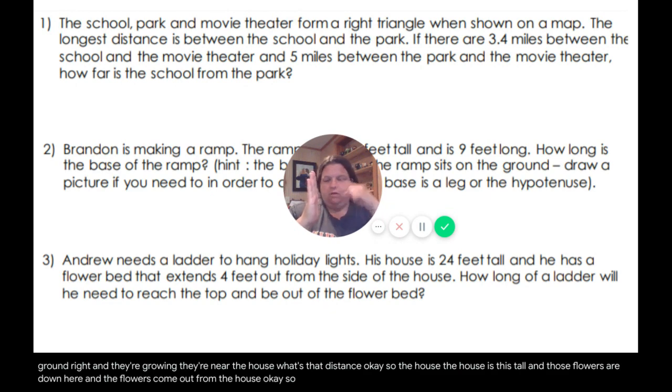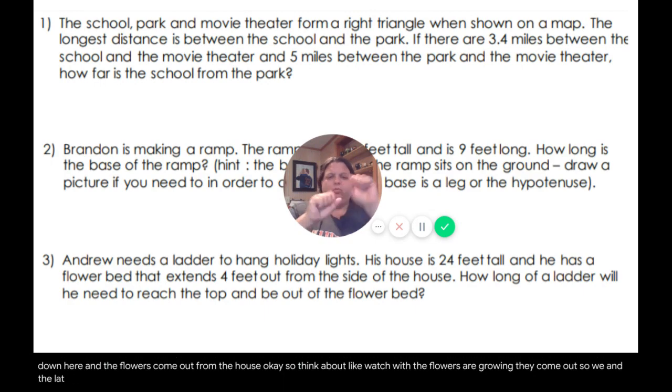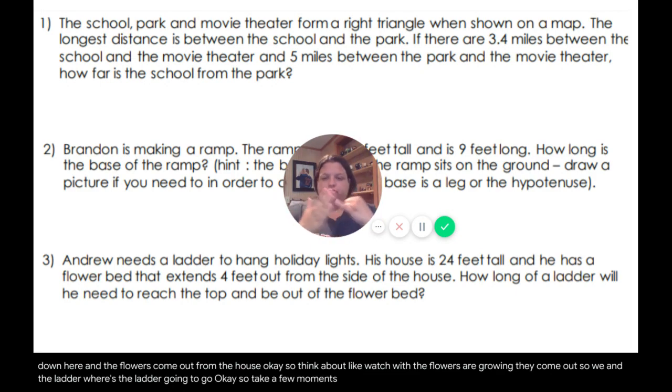Think about mulch where the flowers are growing, they come out. And the ladder, where's the ladder going to go? You're going to take a few moments and draw those pictures, and then when you're done, we'll keep going.